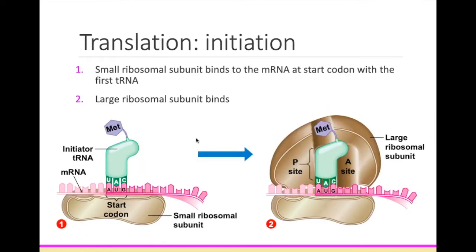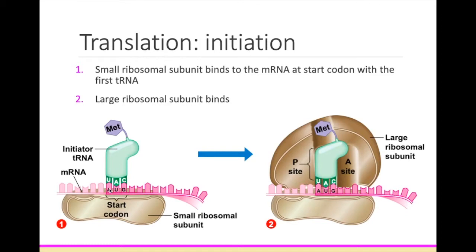So we begin translation with a step called initiation. Remember that initiation means to begin or start something. The first thing that happens is the small portion of the ribosome binds to the messenger RNA. And it does this near the start codon. The first tRNA is going to complementary base pair with the start codon.